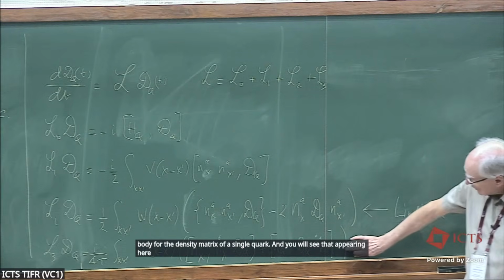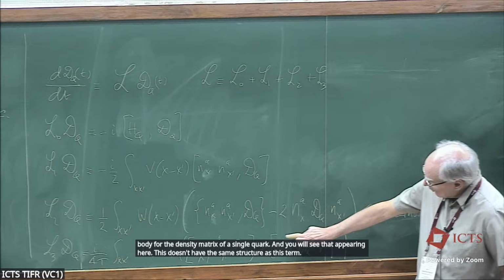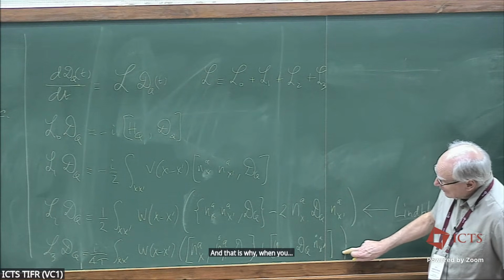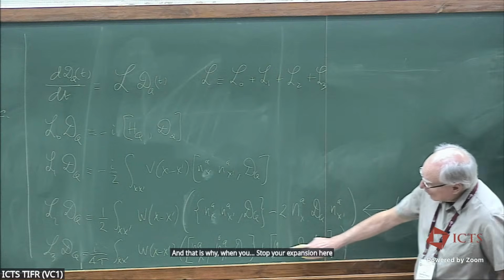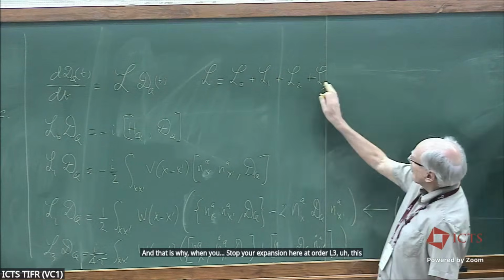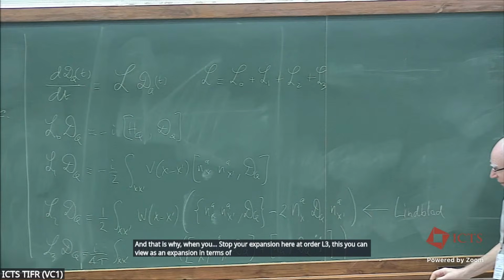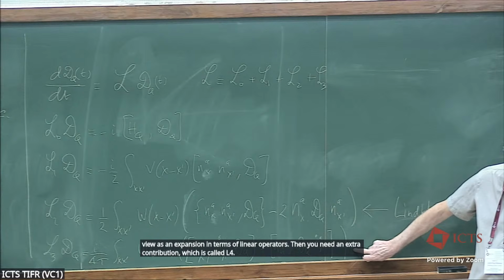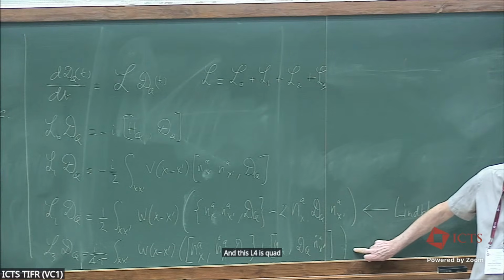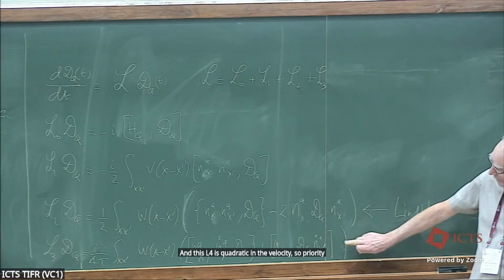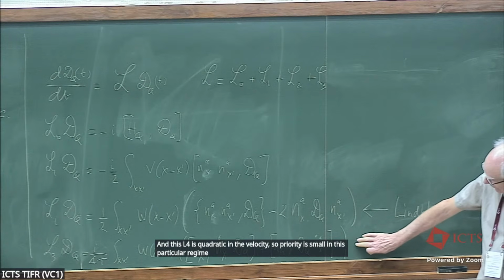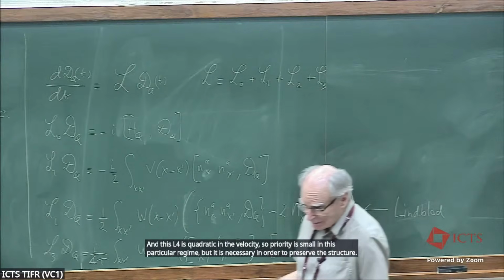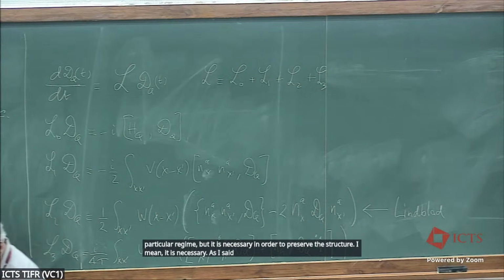This doesn't have the same structure as the previous term. That is why, when you stop your expansion at order L3, which you can view as an expansion in terms of linear operators, you need an extra contribution, called L4. L4 is quadratic in the velocity, so a priori it is small in this particular regime, but it is necessary in order to preserve the Lindblad structure. As I said yesterday, there is a trade-off.